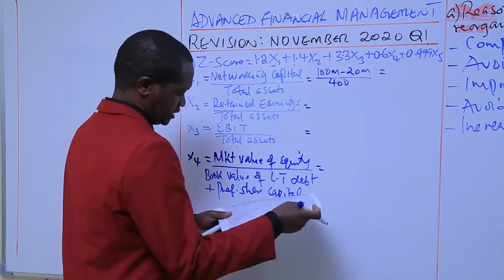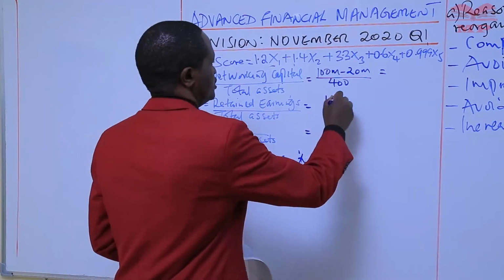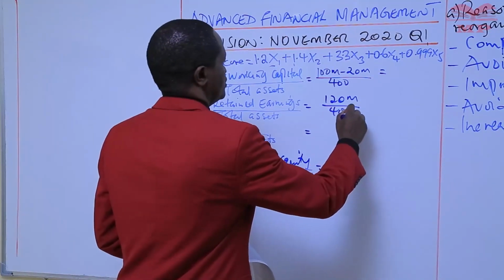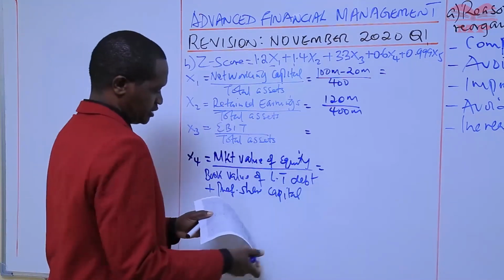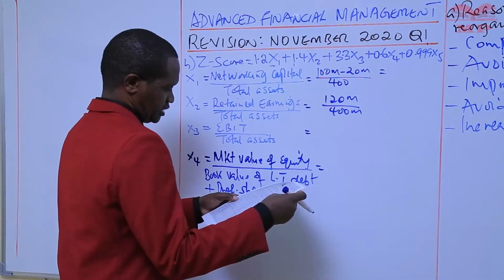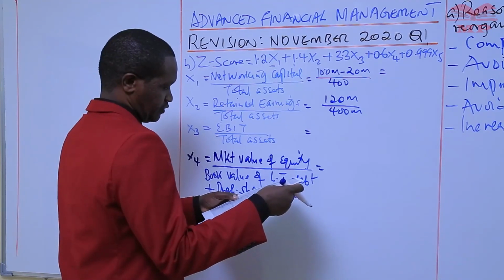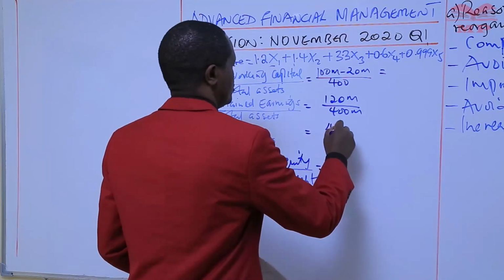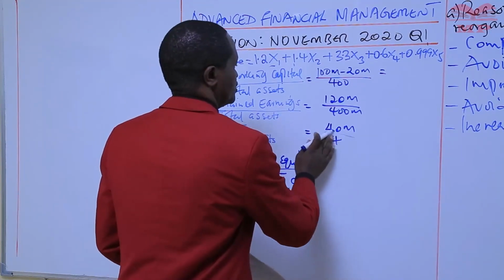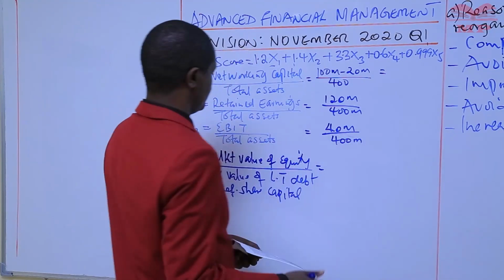X2, retained earnings 120 million divide total assets 400 million. X3, EBIT, earnings before interest and tax, 40 million. We divide total assets 400 million.